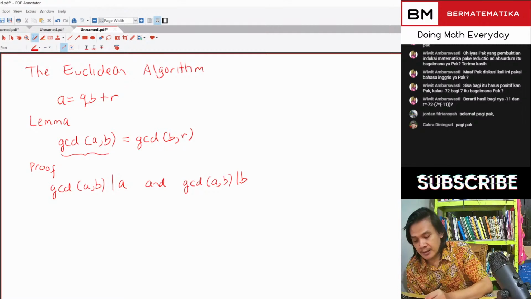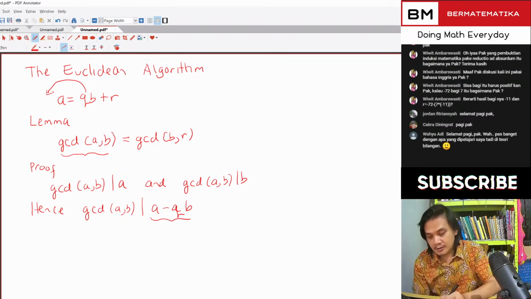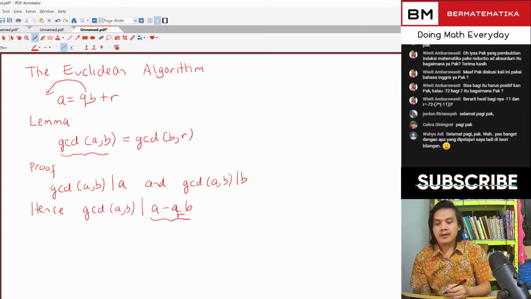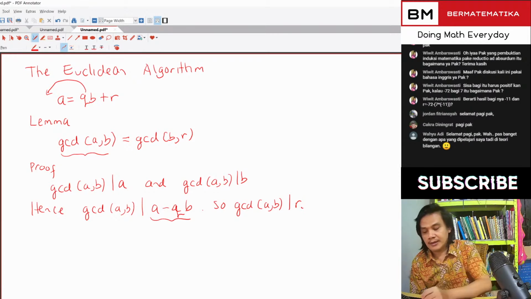Hence, the GCD of A, B divides A minus QB. But if we move this QB to the left hand side, then we have R. So GCD of A, B divides R. But we know that GCD of A, B divides B as well.